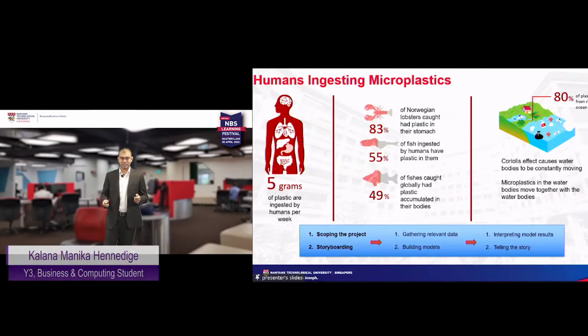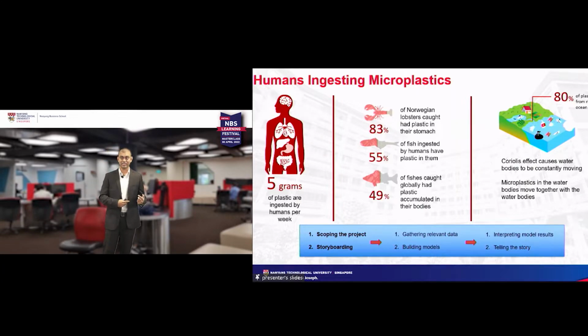So first, the thing that we wanted to understand was, why are microplastics exactly a problem? As our industry partner was so concerned about it, it would be very fitting for us to first understand the reasons for their concern and why it's such a huge problem.